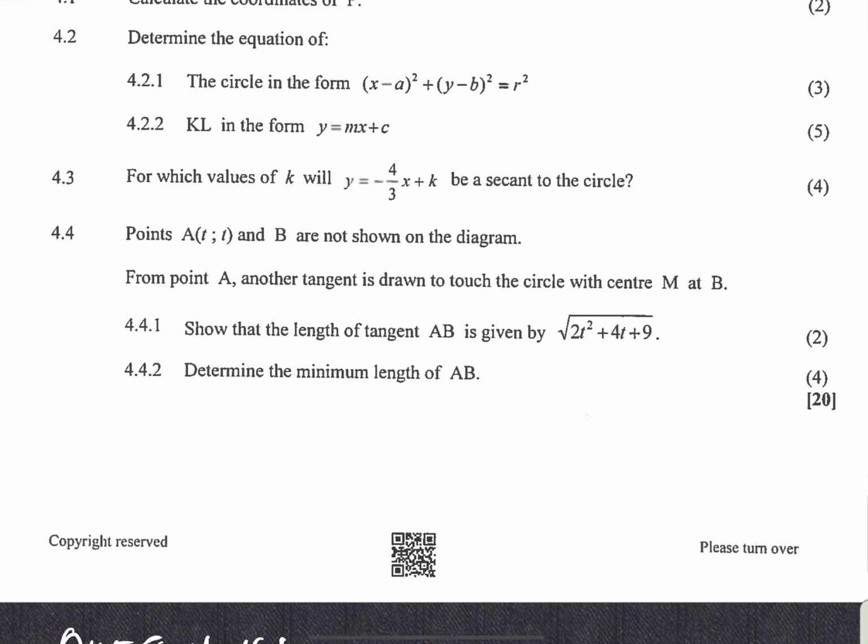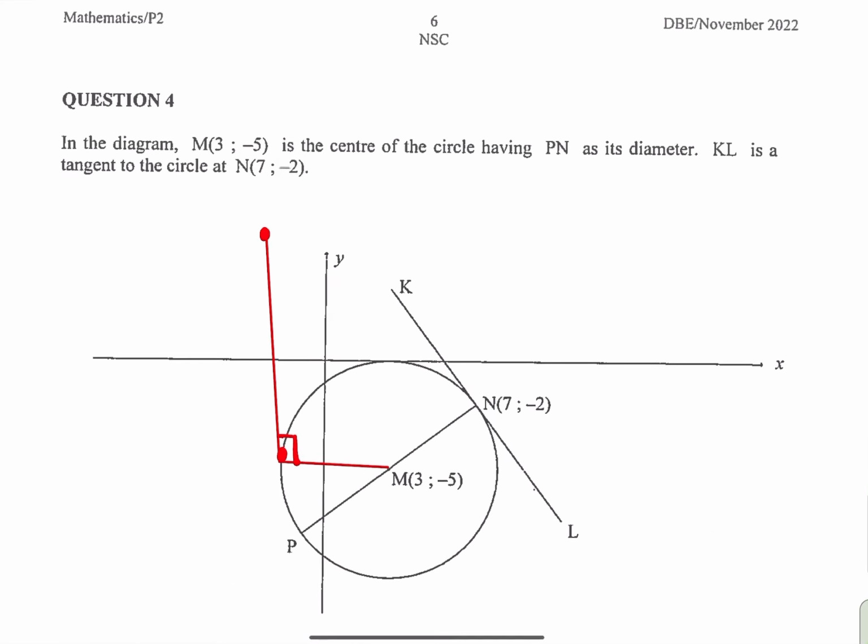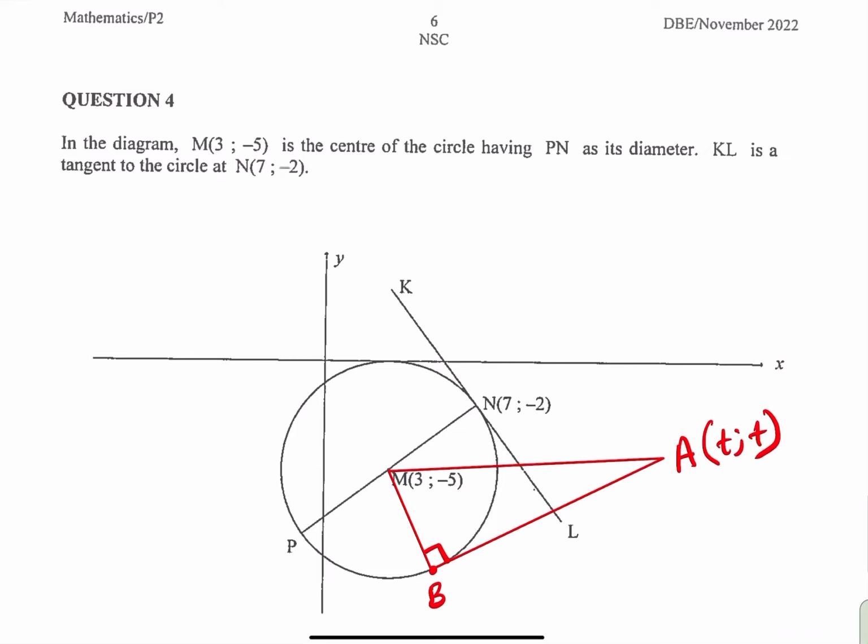What are they saying? They are saying to show that the length of the tangent AB is given by the square root of 2t squared plus 4t plus 9. So you can use this argument, any line from A. I'm just going to do it in this way.